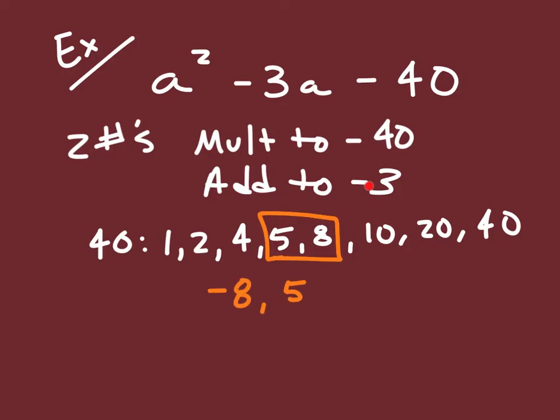Then I can factor this as a minus 8 times a plus 5. If I multiply these out, negative 8 times 5 gives me negative 40. Then if I add these two numbers together, I get negative 3.